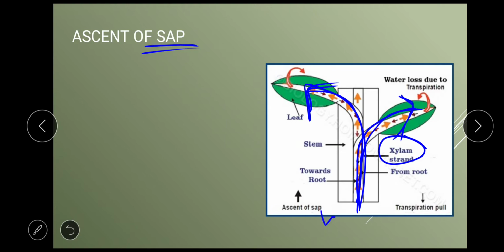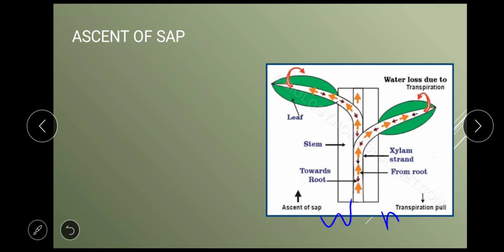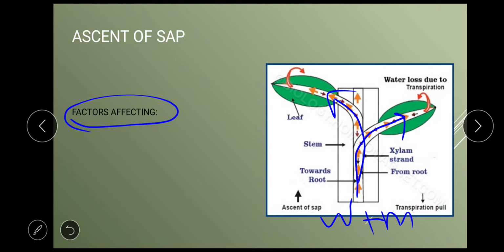See, water and minerals from here go in the upward direction. See, there is water and minerals here, they go in this upward direction. And why they go, let's understand the factors affecting the ascent of sap. Okay, the upward movement of sap.